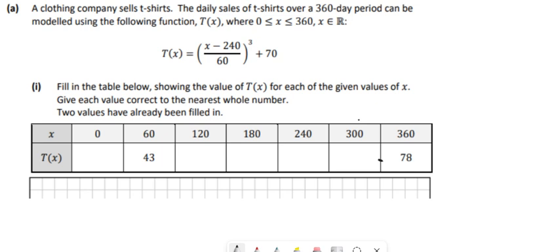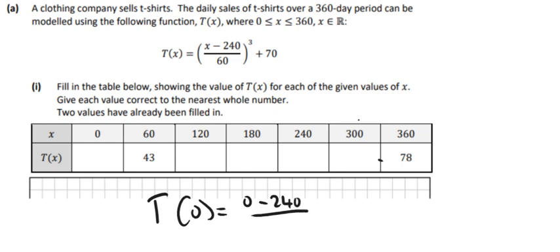So put in 0 for x first, so do T of 0. That'd be 0 minus 240, so I'll calculate that anyway, over 60 to the power of 3 plus 70. Then put in 120 instead of x, then 180, then 240 and 300.